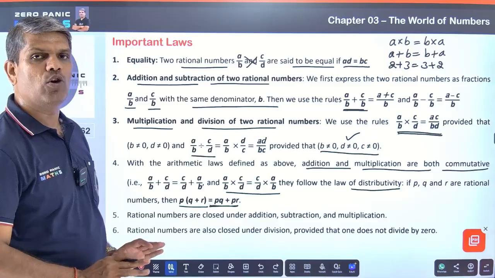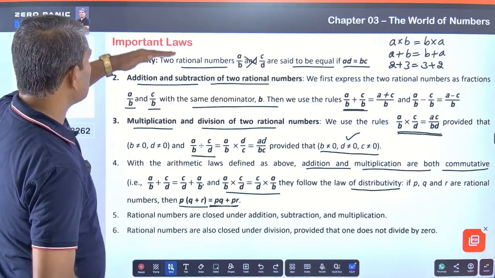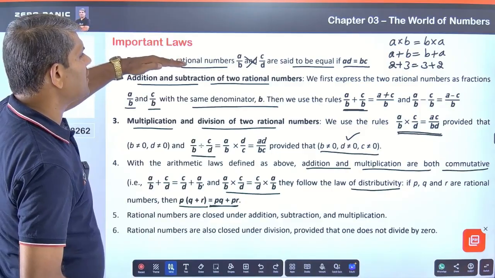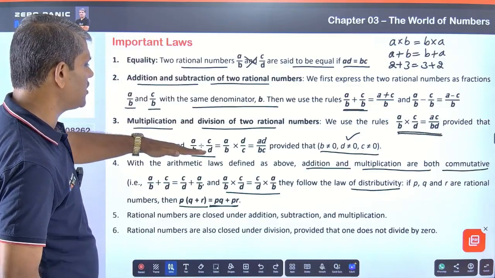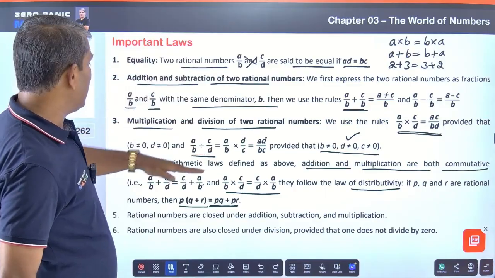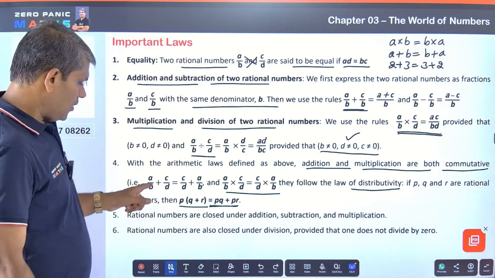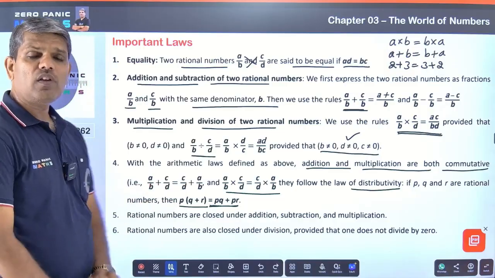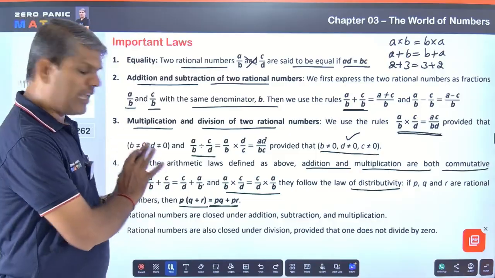That is what they want to say. Understood, right? So in addition to the basic arithmetic operations like addition, subtraction, multiplication, division, they are saying the fractions will follow the commutative law, and fractions will follow the distributivity law also. That is what they meant there.